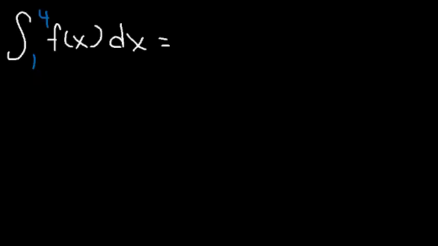Let's talk about properties of definite integrals. So let's say the integral from 1 to 4 of f of x dx is 7, and the integral from 1 to 4 of g of x dx is 9.